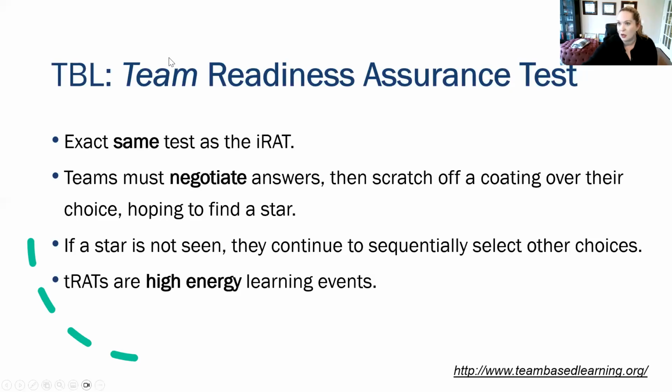And this is where it starts to get fun. You have the whole classroom broken into groups of 5 or 7. 5 tends to be a pretty good number, but teams must negotiate the answers. If you picked A and your colleague picked B, you have to come up to a consensus answer. So this really fosters a lot of peer learning and near peer learning, right?